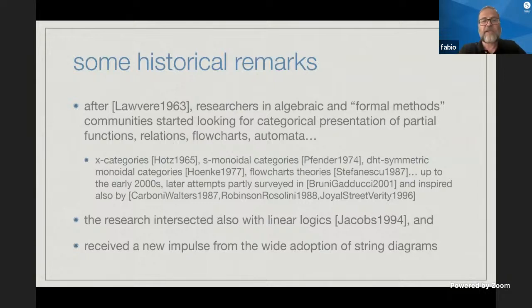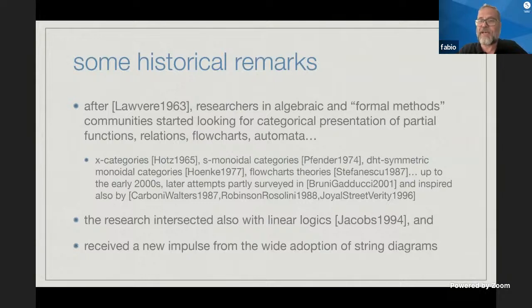Lawvere pointed out the connection between terms out of a signature and Cartesian categories, but for computer scientists it was also interesting to discuss partial functions or relations, or in general flowchart schemes, which are an abstraction of classical programs.